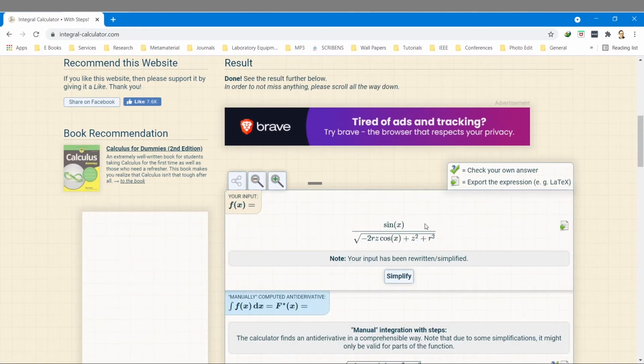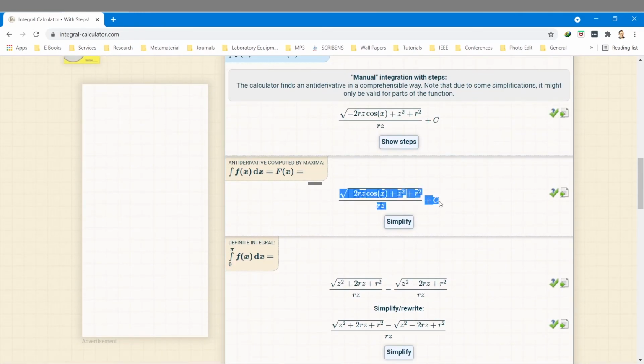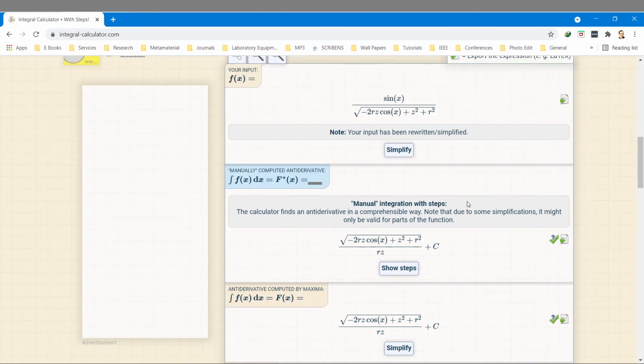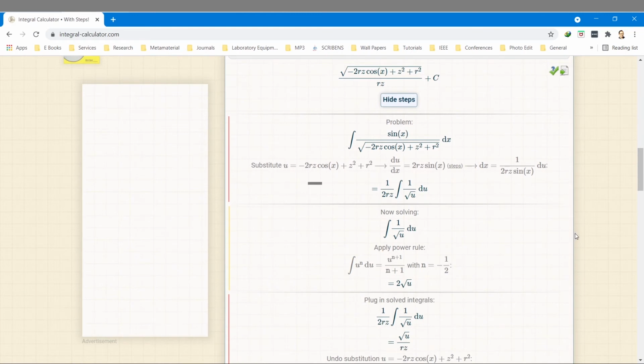So this was the input, and this is the result. If you want to know the detailed steps, you can click here and find the detailed steps.